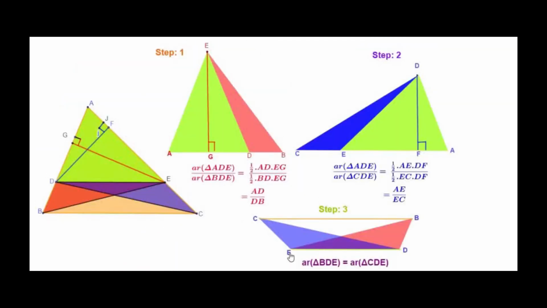You know that triangles on the same base and between the same parallels are equal in area. Therefore, area of triangle BDE is equal to area of triangle CDE. Even the denominators of these two equations are equal. Therefore, we can say that AD by DB is equal to AE by EC.